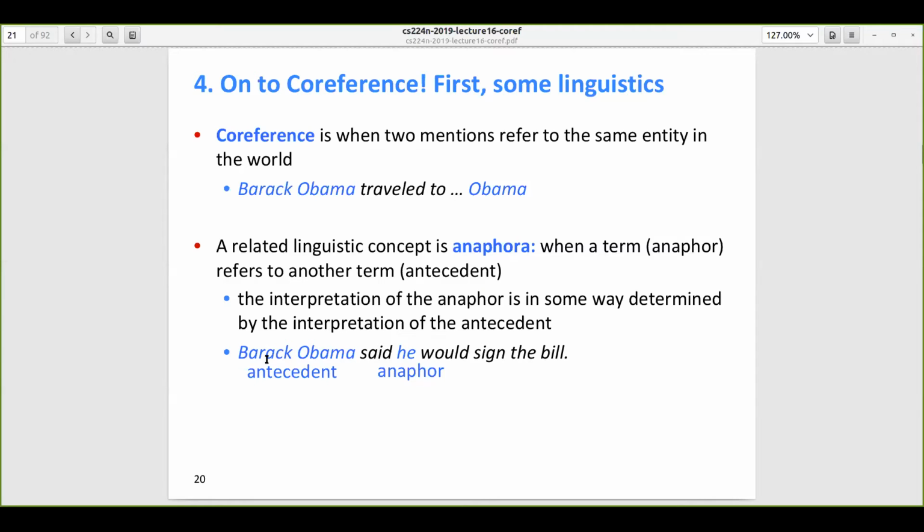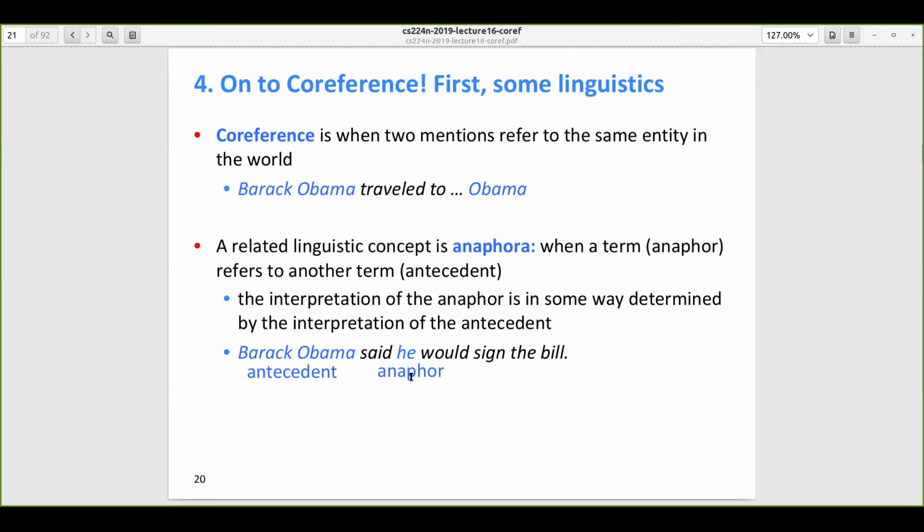So we know that Barack Obama and he are two mentions in this sentence, and these two are co-referring to each other. Barack Obama is called the antecedent, and he is the anaphora. Anaphora is the word that refers back to something.